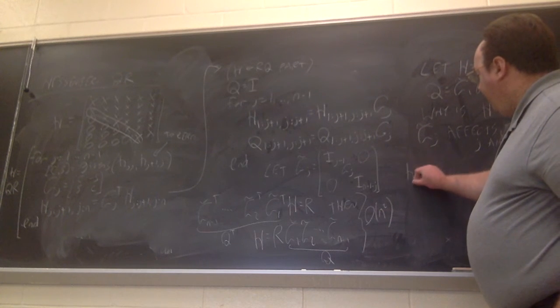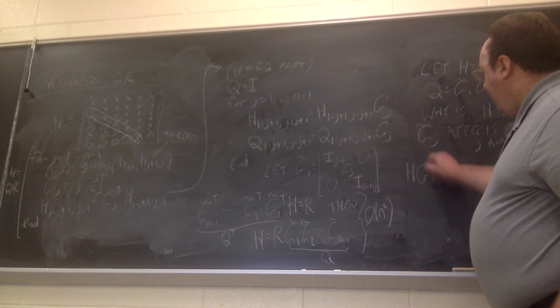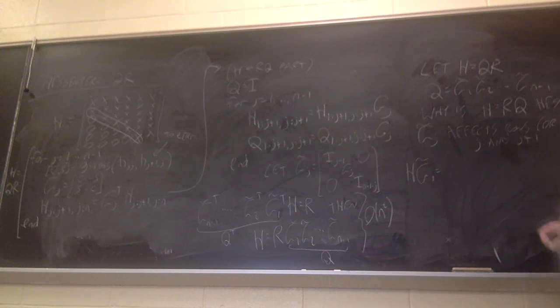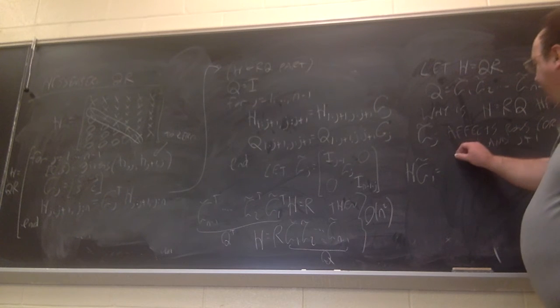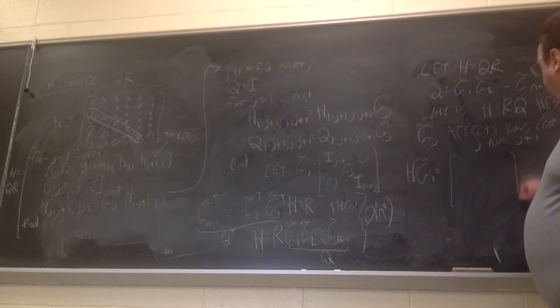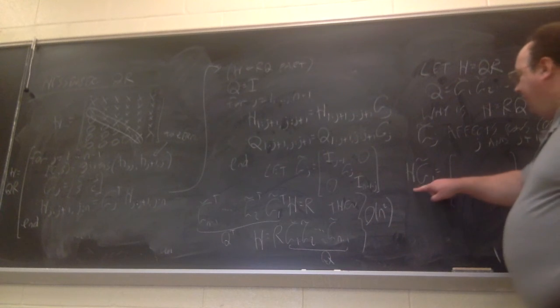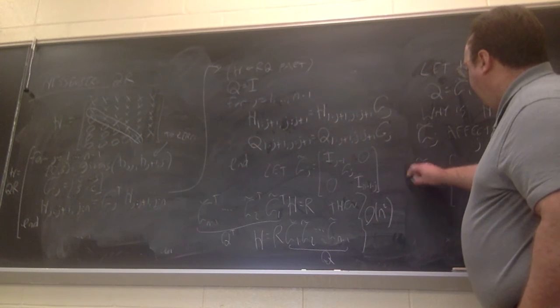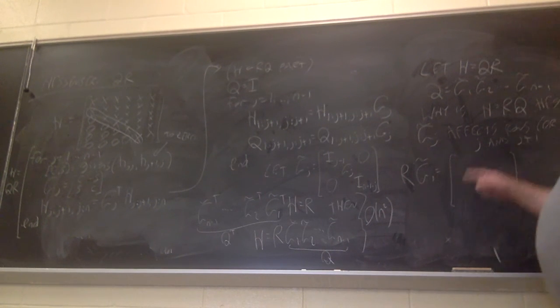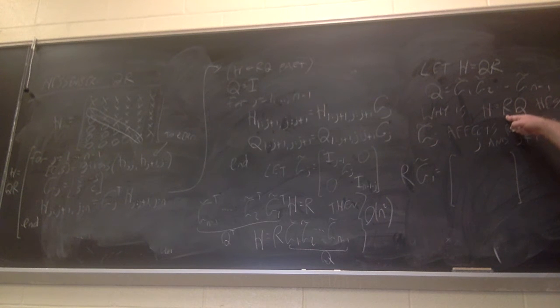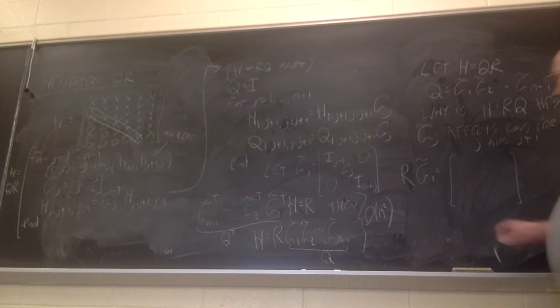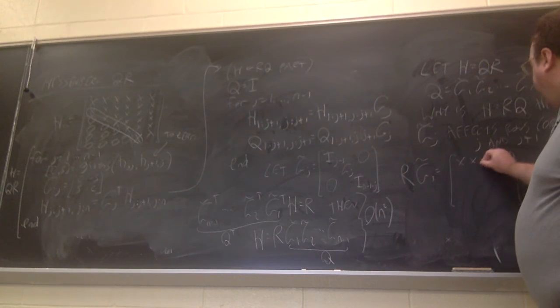So if I consider H times G1 tilde, and I write out what H, well, actually not H, I want R. Because I'm multiplying R by all these Givens rotations. So R is upper triangular.